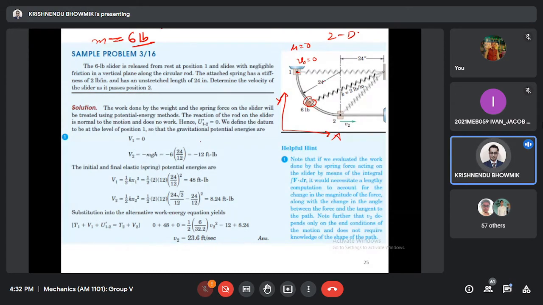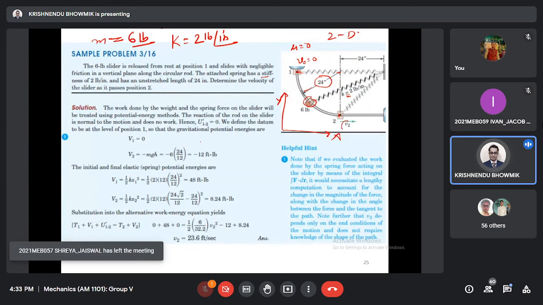This is 24 inch, this to this, up to this, a quarter portion, it is a circular arc of 24-inch radius. And a spring is attached with stiffness K of 2 pound per inch. Spring stiffness is given. Determine the velocity of the slider when it is at position 2. V2 you have to calculate.